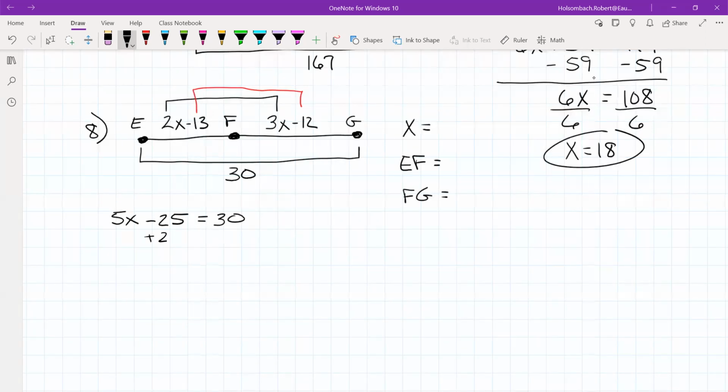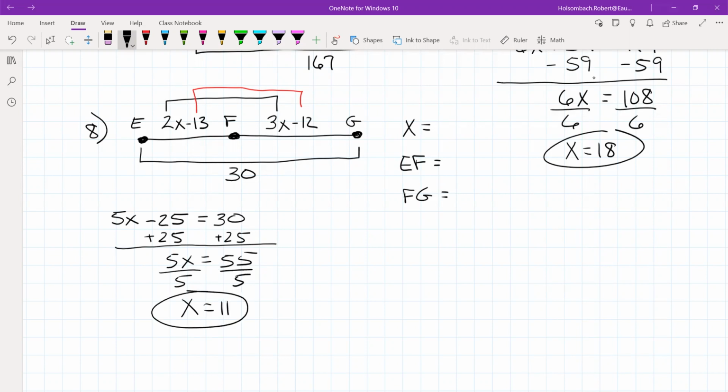So we add 25 to each side. 5x equals 55. And divide both sides by 5. So x equals 11. There's the first thing that we're asked. X equals 11.